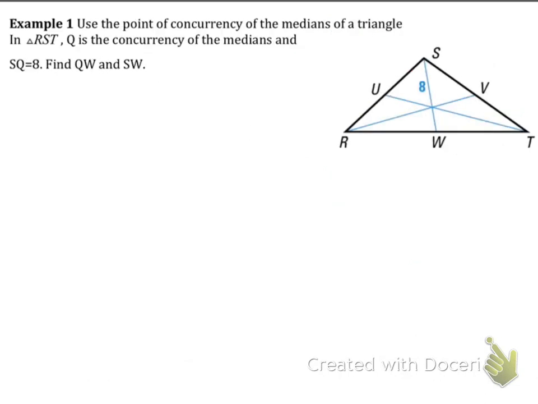Alrighty, so here is example 1. So it says use the point of concurrency. So I'm going to put a little dot on the point of concurrency, so it's right there. Use the point of concurrency of the medians of a triangle. So that means all 3 medians come together there. So in this big triangle, RST, Q is the concurrency of the medians.